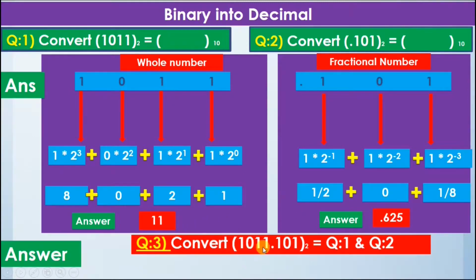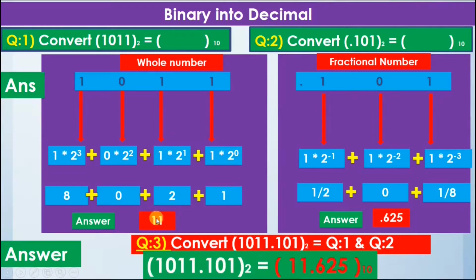So 1011 is solved using this procedure and its answer is 11. And 0.101 is solved using this procedure and the answer is 0.625. When we convert this number into decimal, we combine these two answers to get the final answer. That is, 11 comes here and 0.625 here.